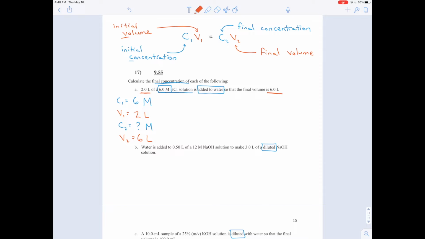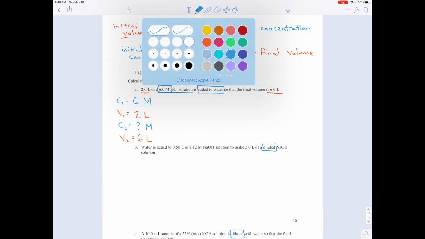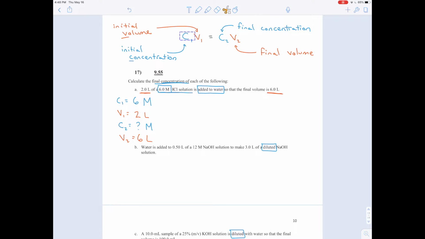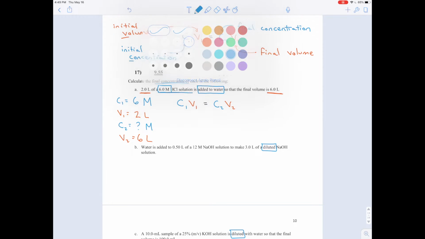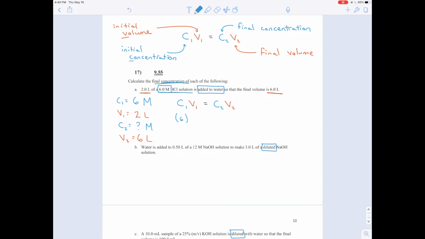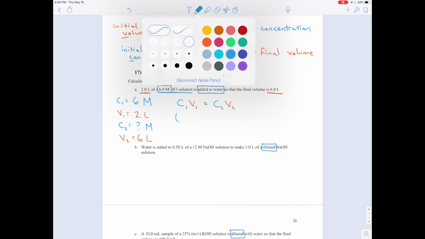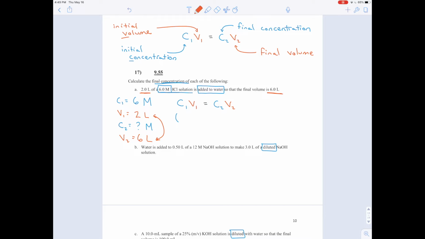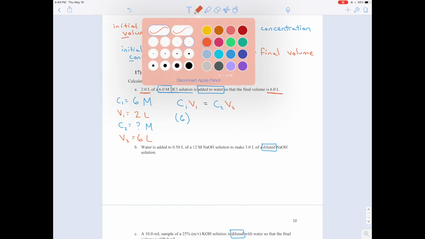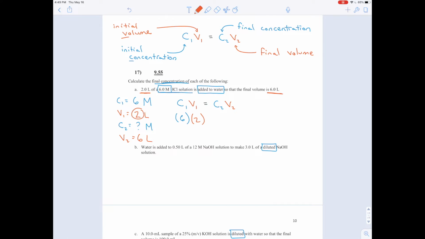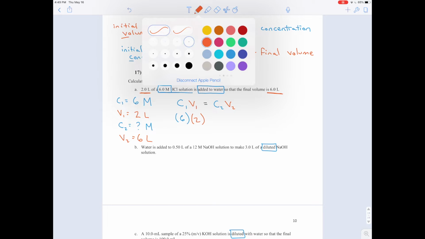And so we can take this and plug it into our equation. Our equation was C1V1 equals C2V2. And so underneath C1, we can write 6. And we should also make sure the units match. We have molarity and molarity, so that's good. And we have liters and liters, so those are good. Okay, so instead of C1, we can write 6. Instead of V1, we can write 2. So then we have the equal sign.